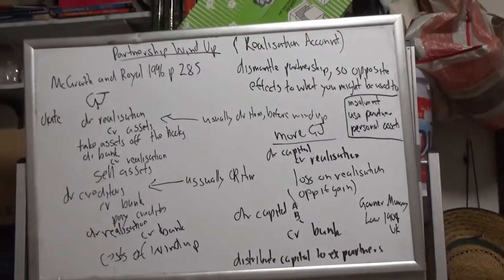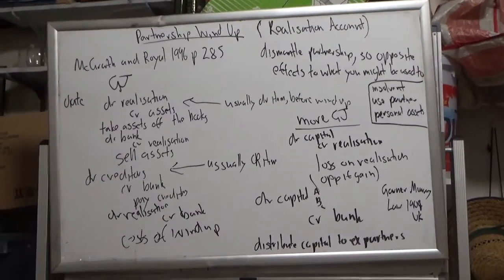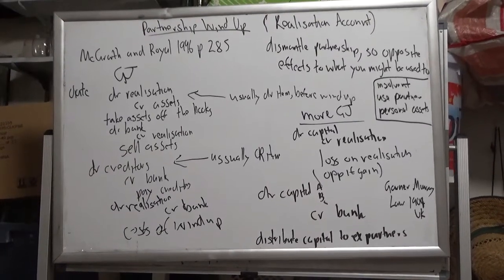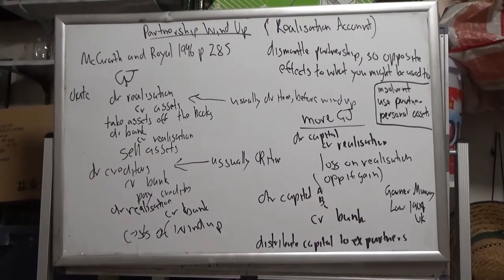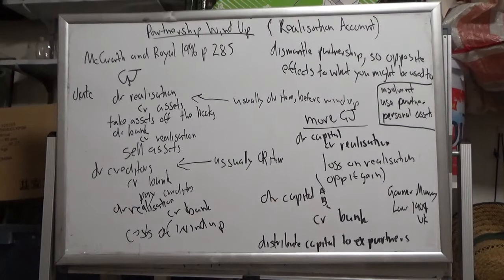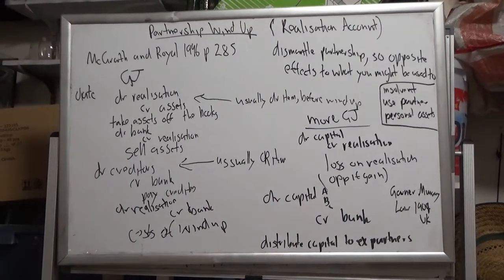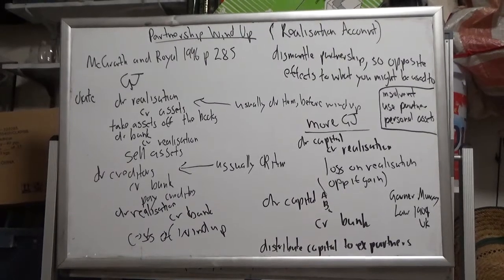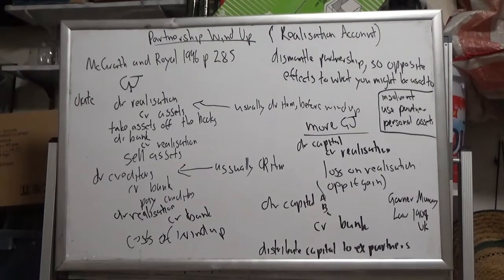And when you dismantle a partnership, items might have a different debit or credit than what you used to, because you're winding it up, dissolving it, taking it off the books. That asset example, as we mentioned, normally assets with a debit balance, you debit realisation, credit assets.